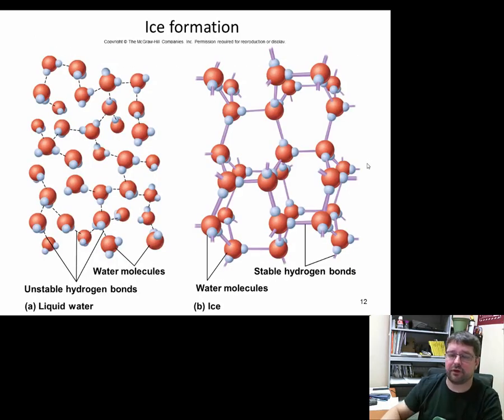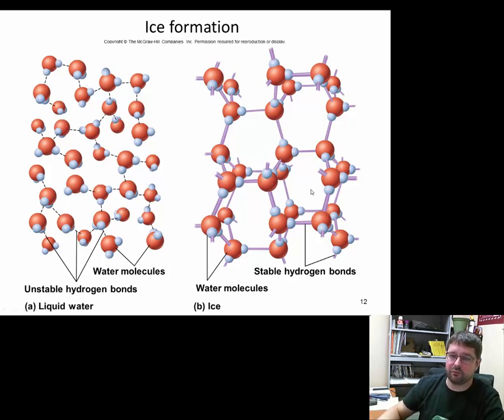Okay? So here you can see ice formation and what I was talking about with density. Density is just a measurement of how tightly packed molecules are. So here you can see water, and this is probably at maybe 4 degrees Celsius because it's fairly densely packed, and they're really jumbled together.